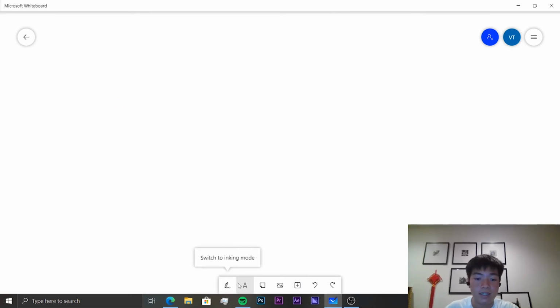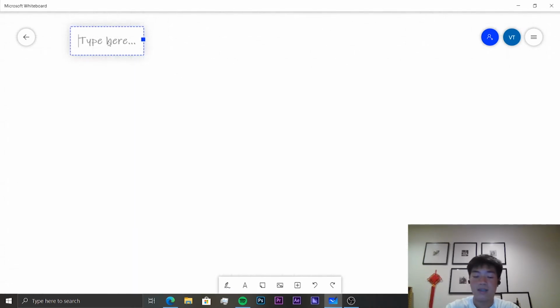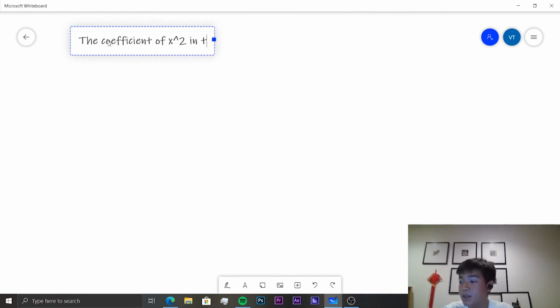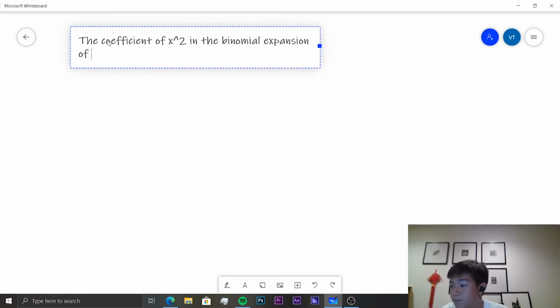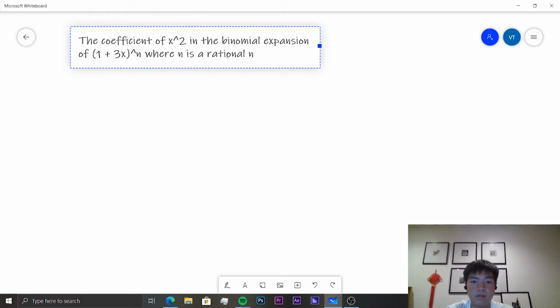So the first question we need to tackle, from a paper 1, is: the coefficient of x squared in the binomial expansion of 1 plus 3x to the n, where n is a rational number, is 495.